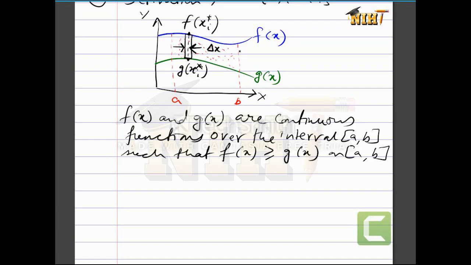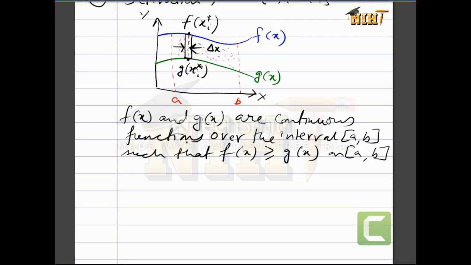What is the purpose of this? You will observe that now we can easily find the area of this thin rectangular strip. How? Delta x times the difference between f of x star i and g of x star i. Or in other words, we are going to make this thin rectangular strip thin enough as if it were representing just this line. Okay.